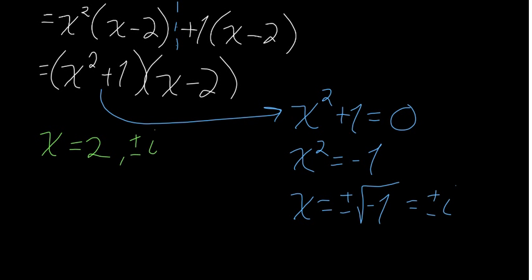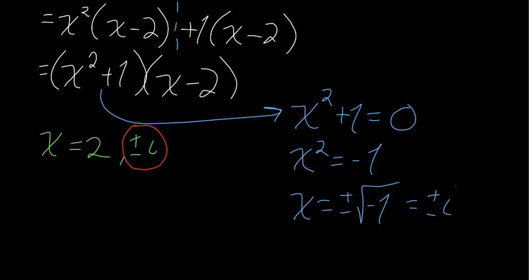Now here's the thing, though. These are supposed to be my x-intercepts, correct? Having an x-intercept at 2 makes sense, at the point 2, 0. I go to the right 2 on the x-axis, and that sounds like a normal x-intercept. The problem here is that I have a plus or minus i, and I don't know how to graph i, at least not in college algebra.